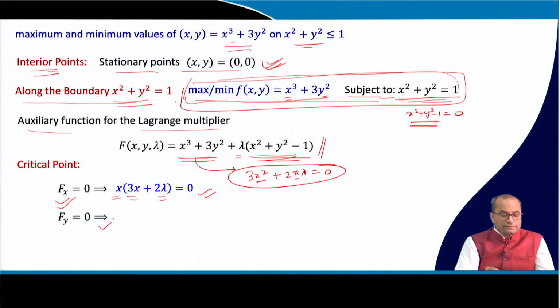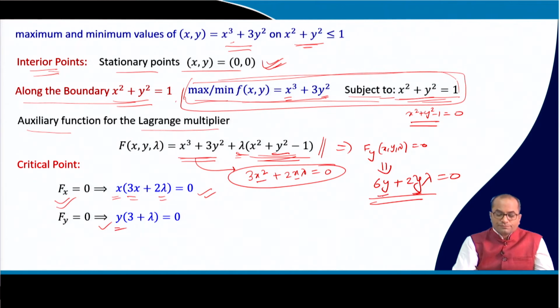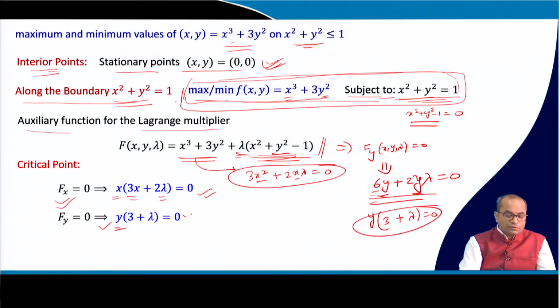Similarly, F_y is equal to 0 we can get from here: 6y plus 2y lambda is equal to 0. Again, y we can take common, and 2 is anyway not equal to 0, so here we will get y times 3 plus lambda. So, this is another equation what we have.